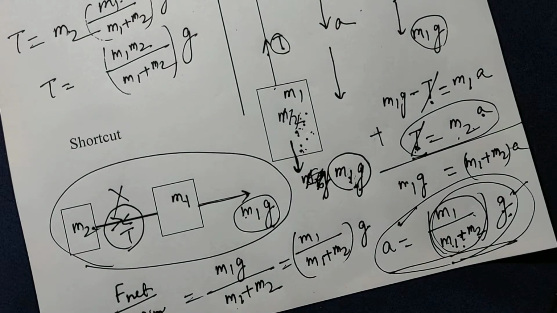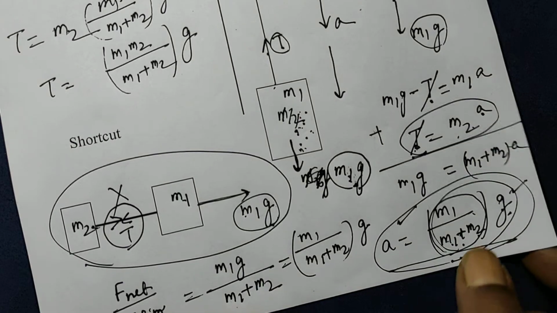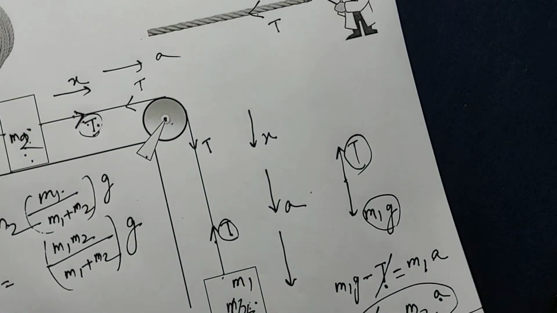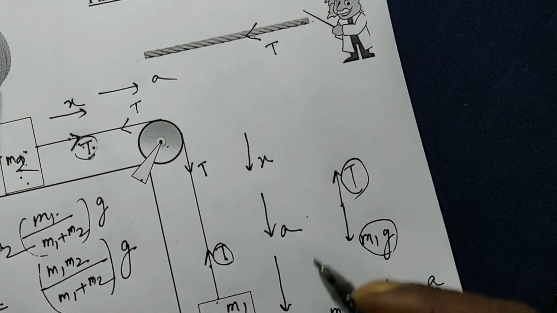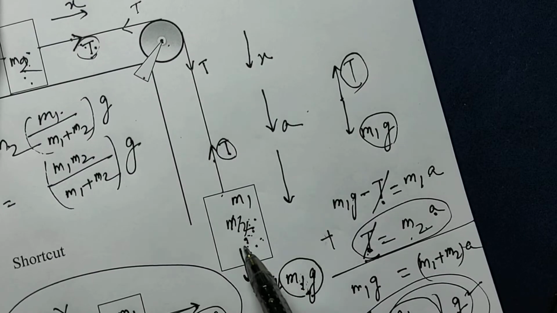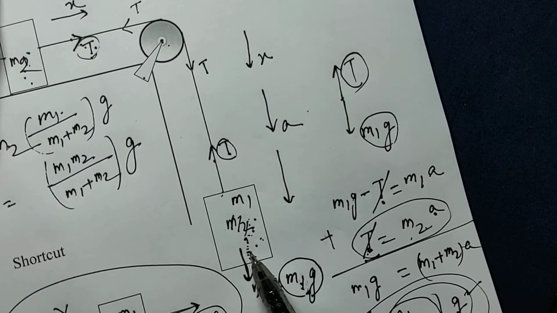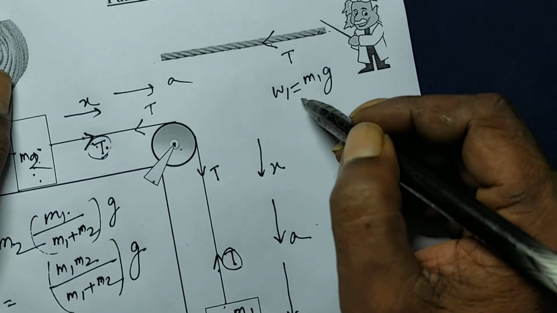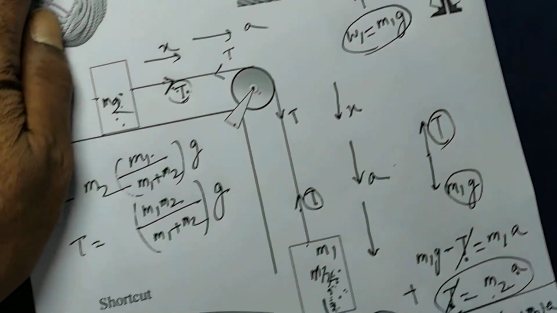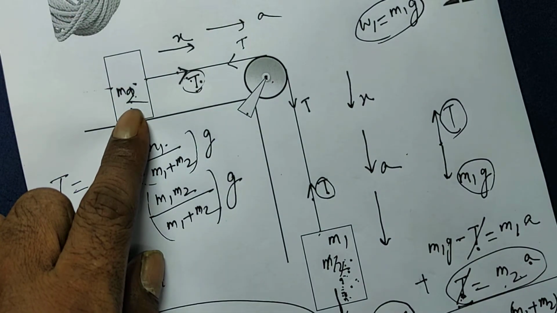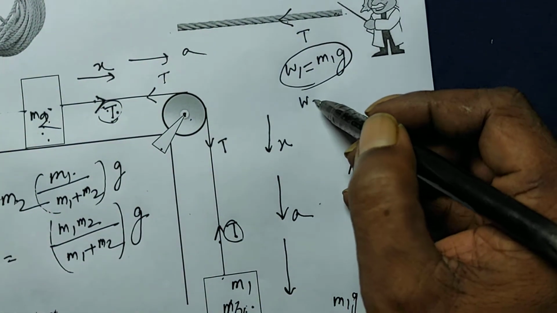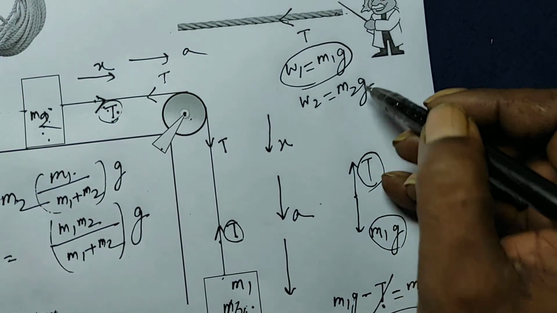Now the teacher might play a trick while asking the questions. Instead of saying the mass is m1 or m2, he might say the weight of this object is w1, meaning w1 will be equal to m1g, and the weight of this object is w2, so w2 will be equal to m2g.